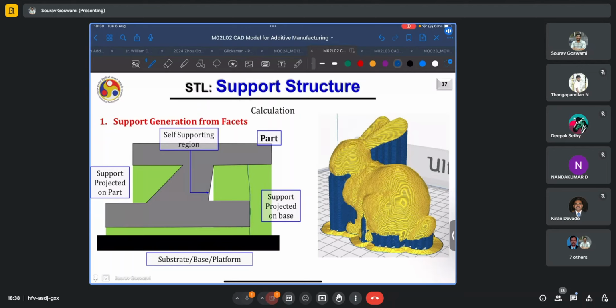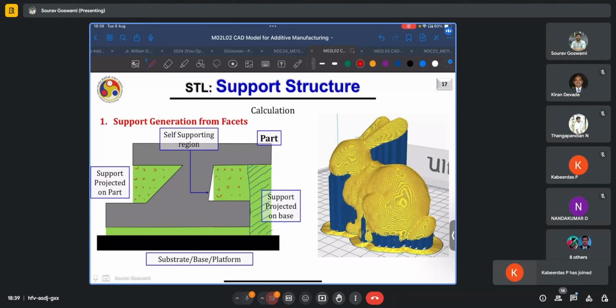The support in this region is projected onto the base, whereas in this other region, the supports are only projected onto the part itself, which again becomes critical because when we're removing the supports during post-processing, now you have two surfaces, or in this case, even three surfaces, where there's a chance that the support structure will leave some artifact or remnants and will affect the surface quality of the product.